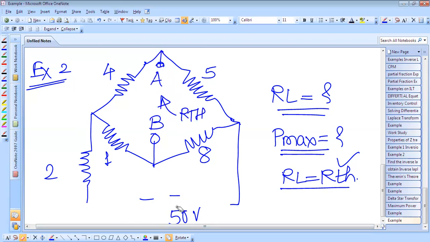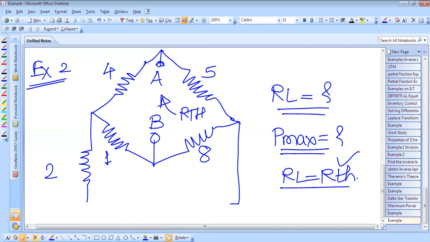So we are shorting this voltage source. Okay. Now we have to view from this output terminal AB, and we have to find the RTH. We have to find the RTH. So I will just re-simplify this.